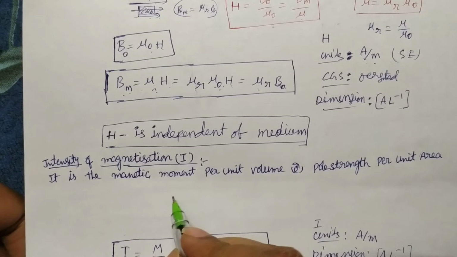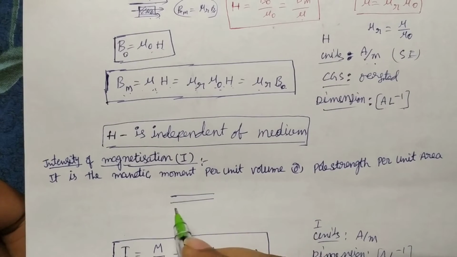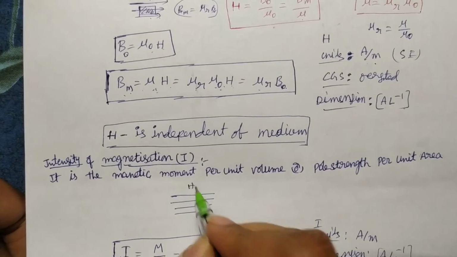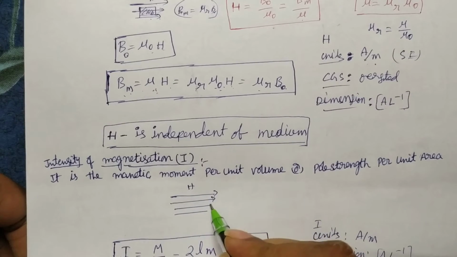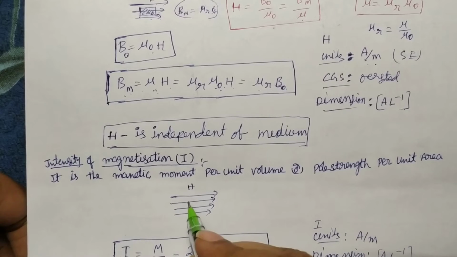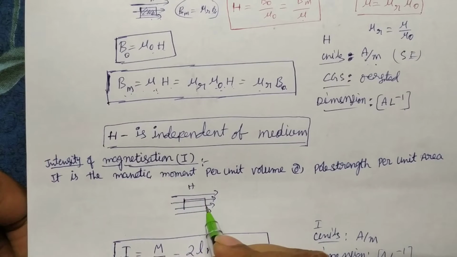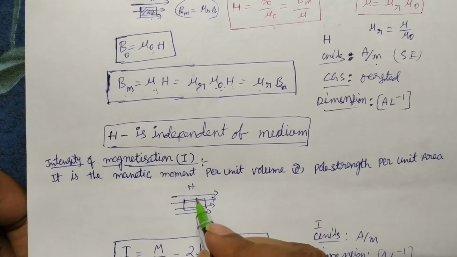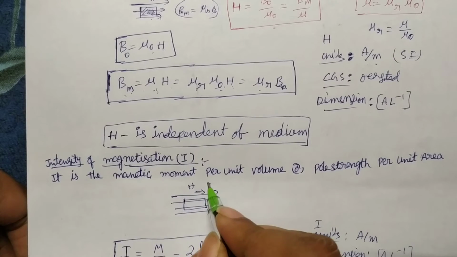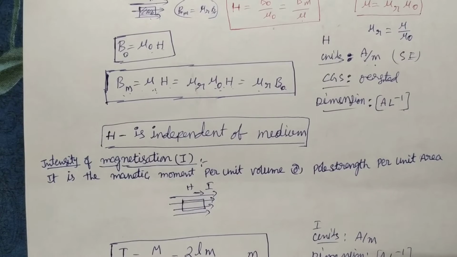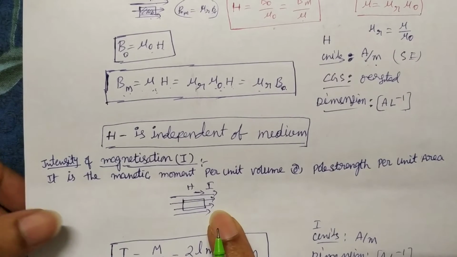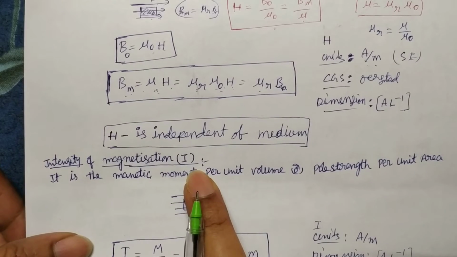So if this is the H value, initially there is no medium, you can take air or free space or vacuum. And now if you place a material here, it can induce another field in the direction of the field. That induced field is I. So in addition to the H value, I is also added. That I is what you call intensity of magnetization.